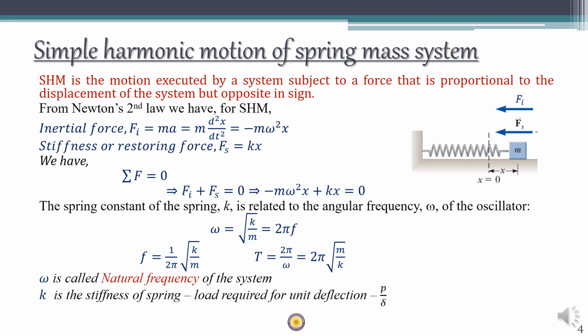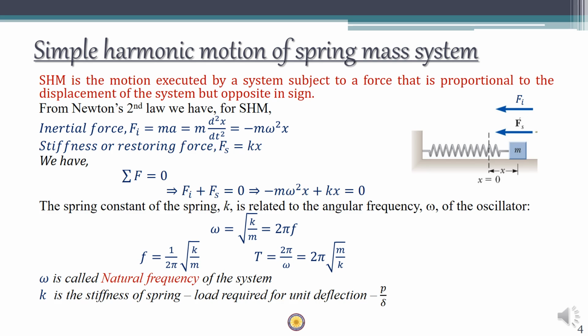Now let's see what happens in a spring mass system which undergoes simple harmonic motion. You can see here there is a spring connected with a mass at its end. It is placed over a frictionless surface.